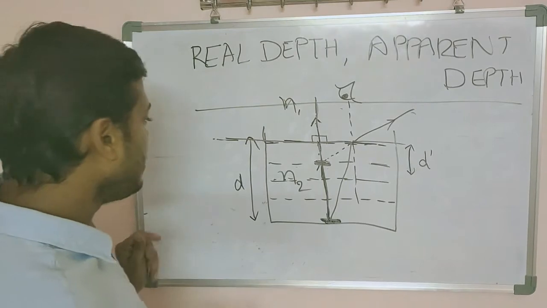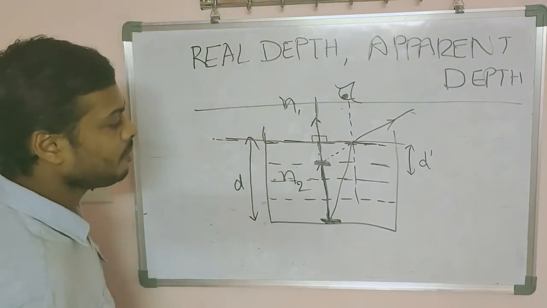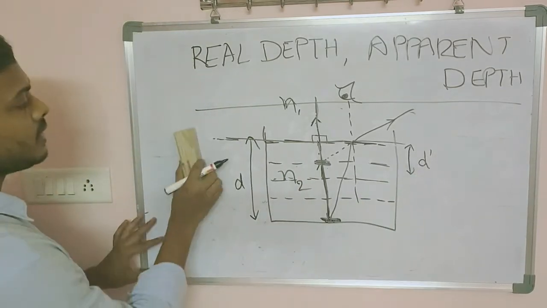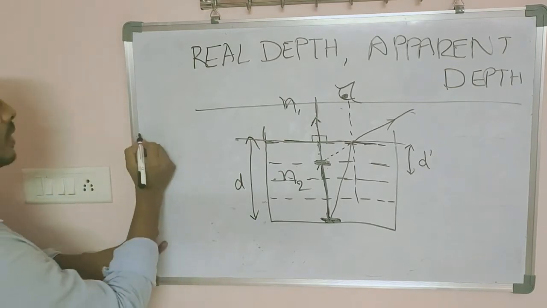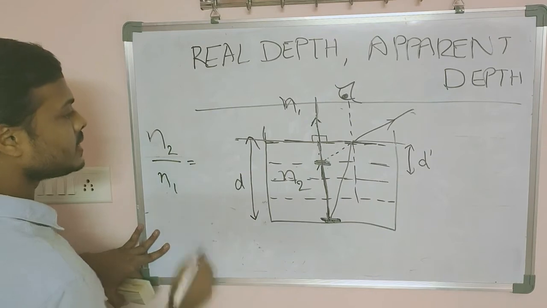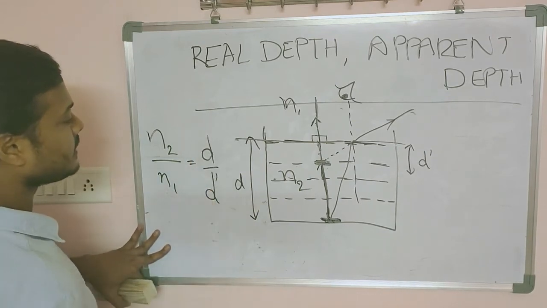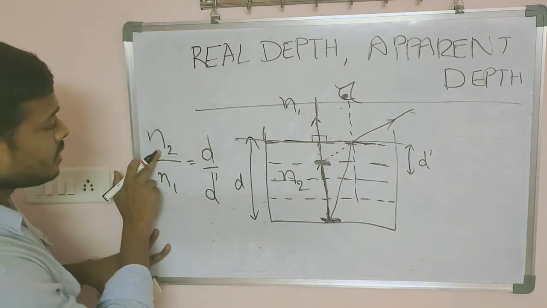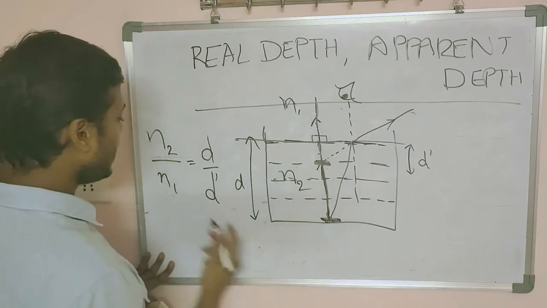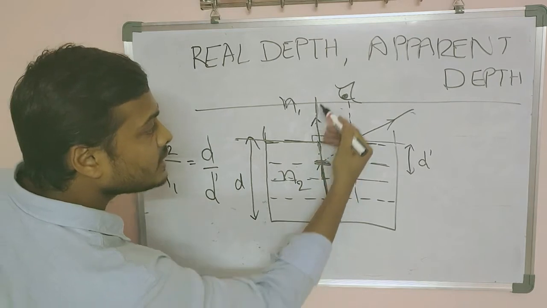Now we have a relation between N1, N2, D and D dash, which is N2 by N1 is equal to D by D dash. N2 is the refractive index of the medium where the light is coming from. N1 is the refractive index of the medium where the light is going to.